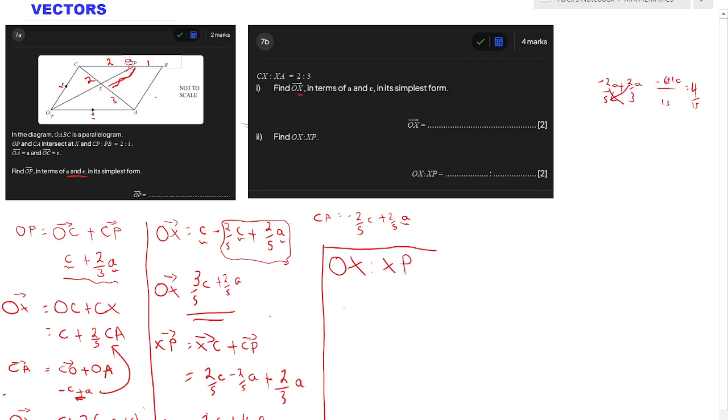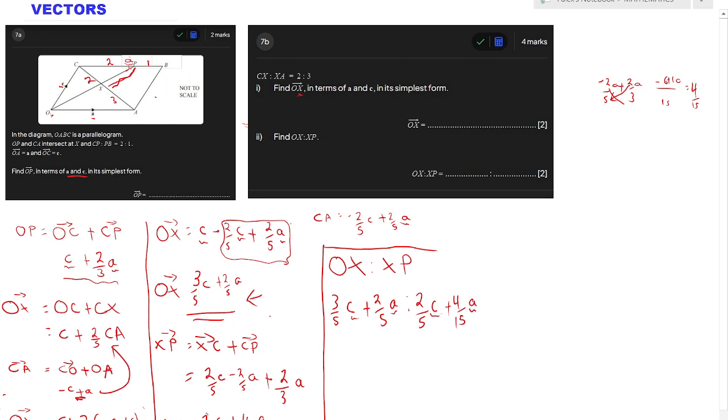Our OX is 3 over 5C plus 2 over 5A, to the other vector, XP, which is 2 over 5C plus 4 over 15A.